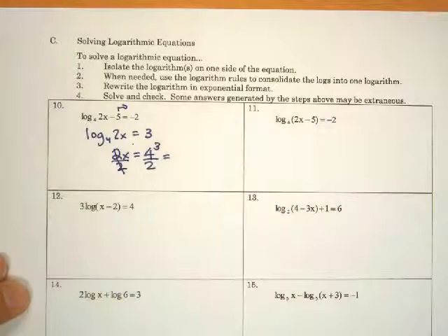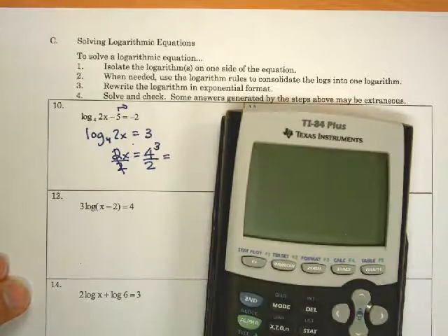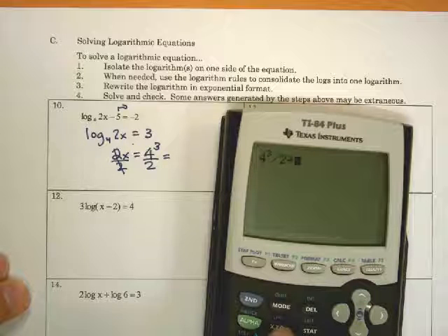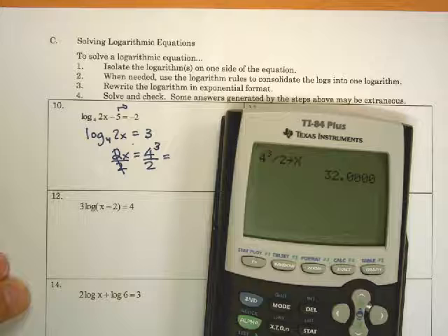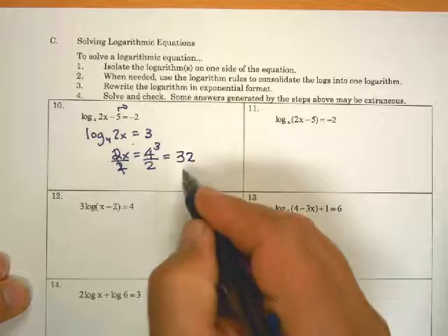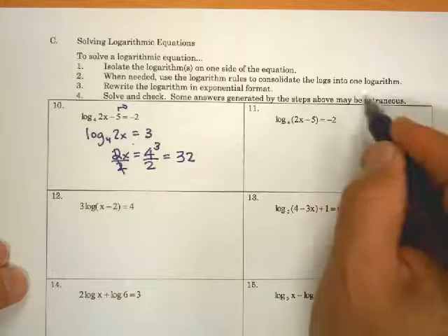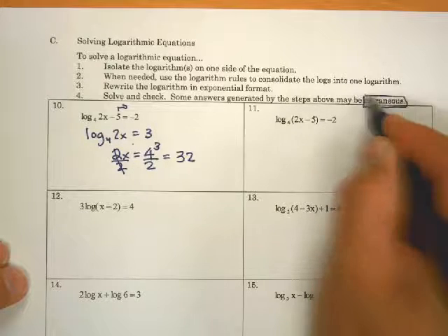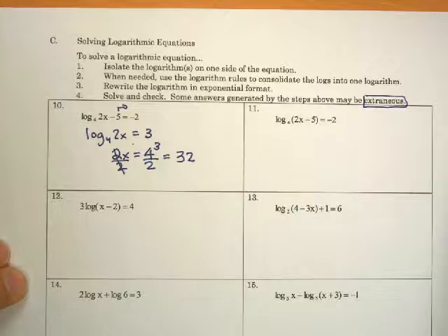And that, if you type it, I'm going to type it and store it here. Okay, 4 raised to the third power, I know that's 64, divided by 2 stored for x. And you get 32. Now, these problems must be checked. They generate extraneous answers that, if you don't check them, are going to come back and bite you.